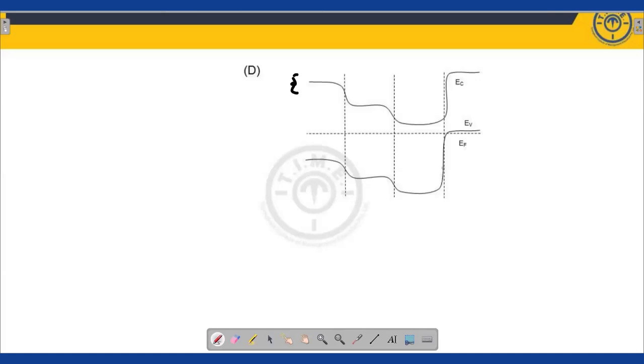In N-type semiconductor, I am going to tell you one by one. The Fermi level is close to here in P-type semiconductor. This particular Fermi level is close to over here.